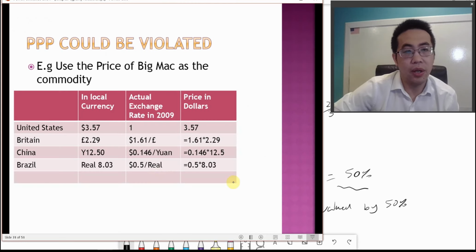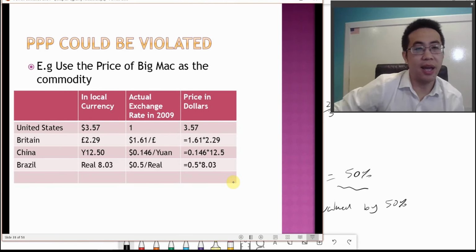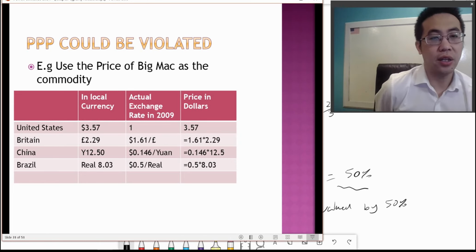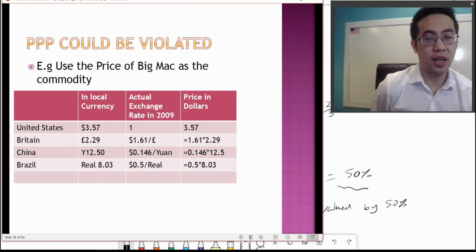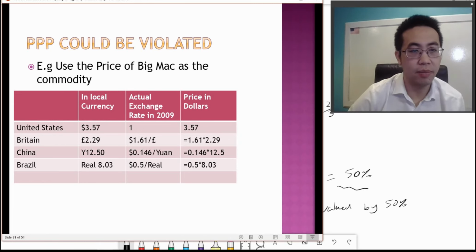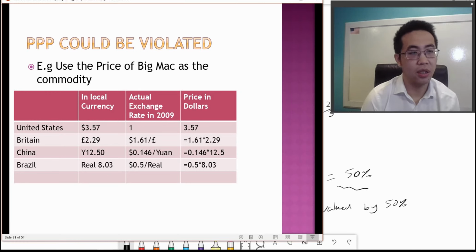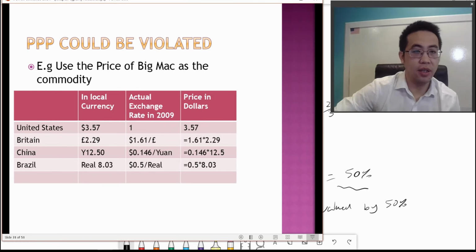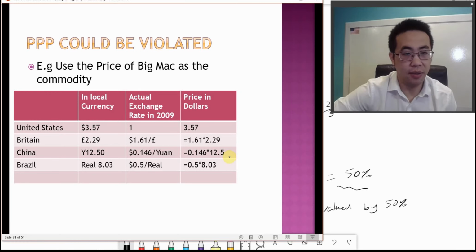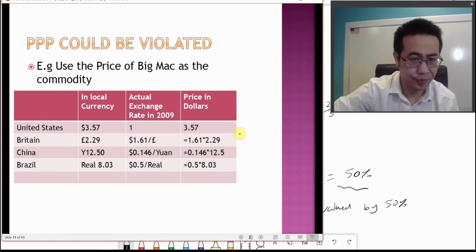And in the PowerPoint, we have the Big Mac as a common commodity. I will explain why later. If we do a survey looking at the different Big Mac prices in different countries, that definitely violates the law of one price.